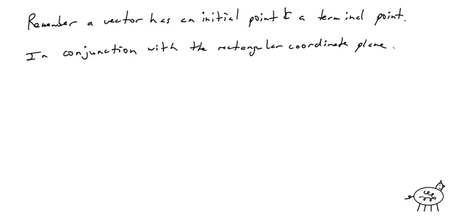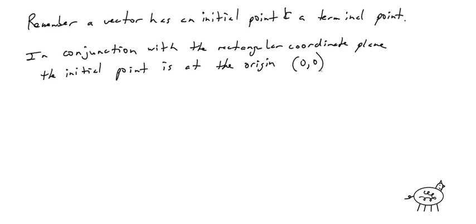In conjunction with the rectangular coordinate plane, the initial point is at the origin, of course being 0, 0. And this is called a position vector.